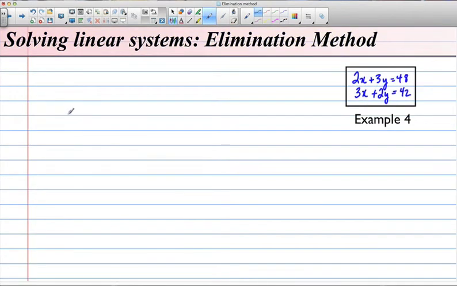The fourth and final example for this video is we have a situation where we don't have a negative and a positive, and we also don't have one variable a multiple of another, but we can use the fact that 2 times 3 is 6. Let's eliminate the x's.